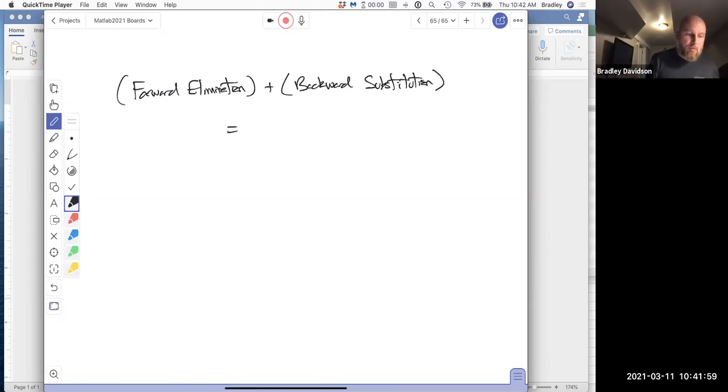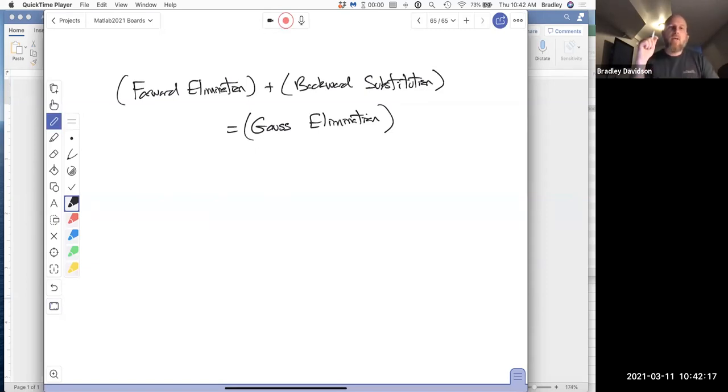This is equal to what's called Gauss elimination. So whenever you see this concept of Gauss elimination or Gaussian elimination, it's these two things that go together.